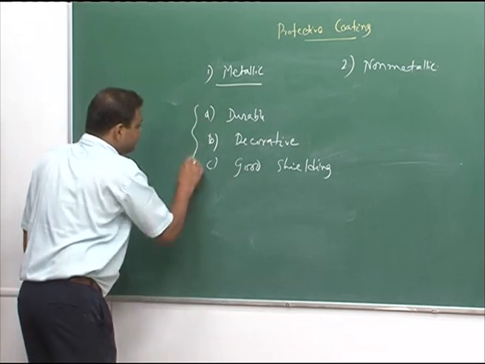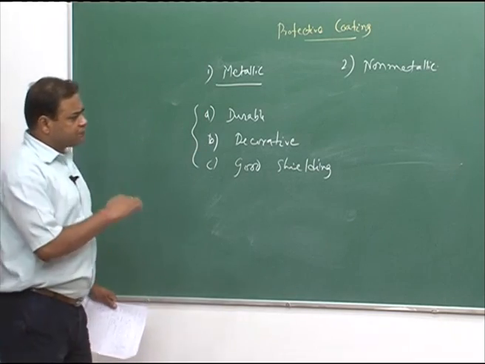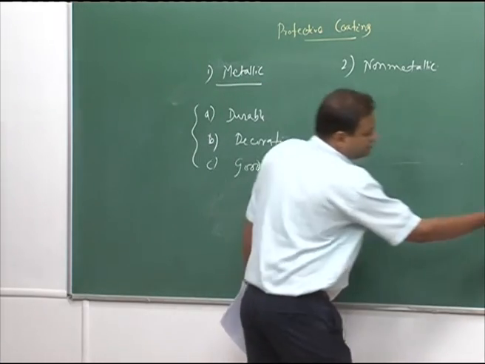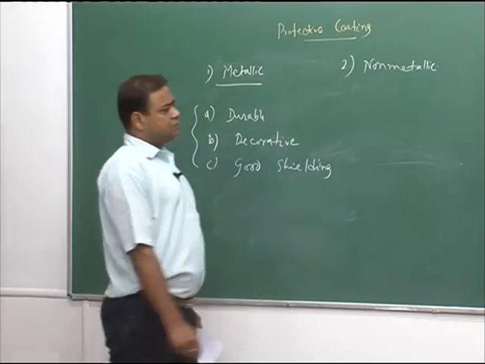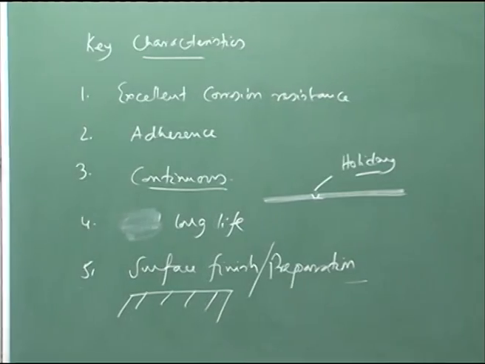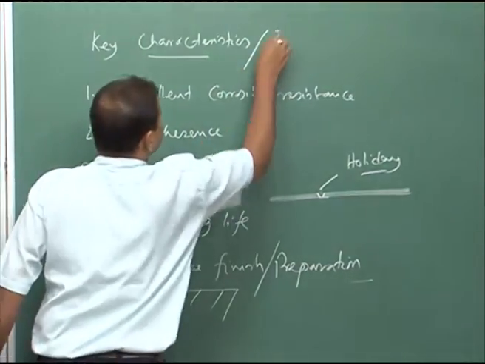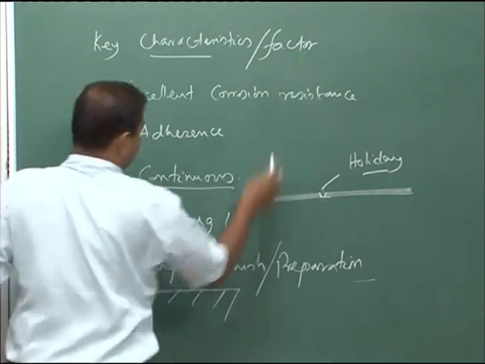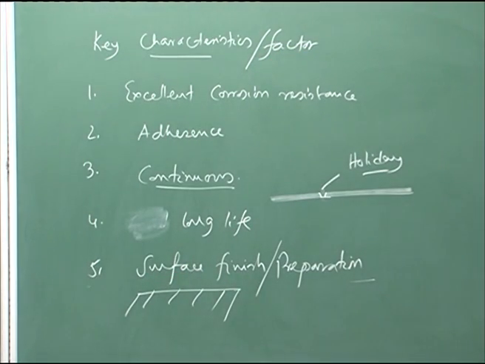For the metallic coating to be done, the surface preparation is a key factor. One key factor is the surface finish of the metal surface on which the coating is to be done. That surface finish has to be very good.